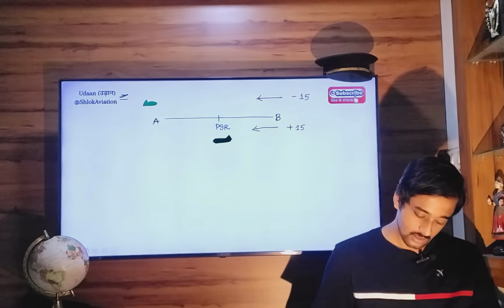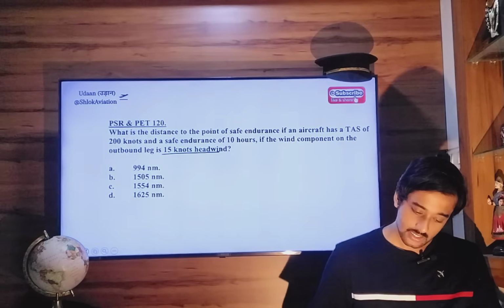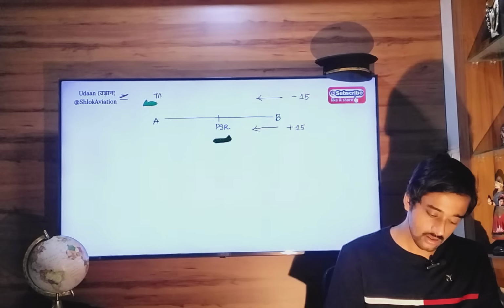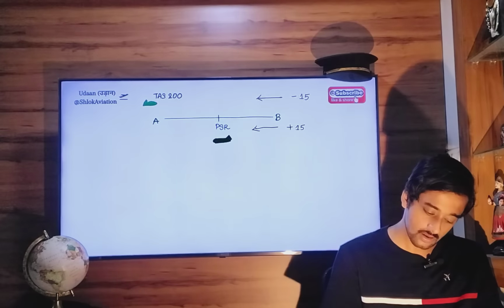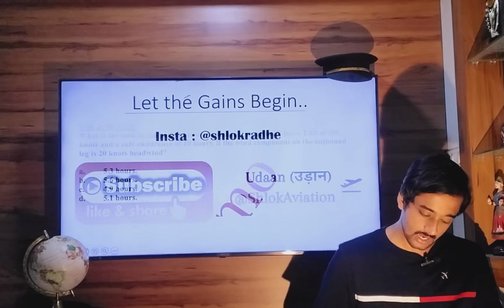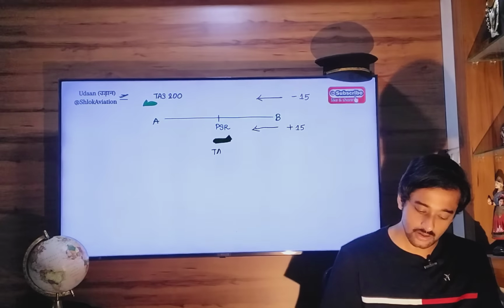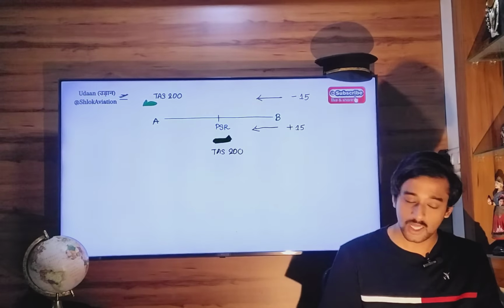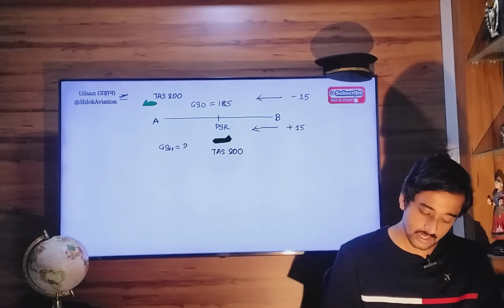Okay. So what is the TAS? TAS is 200. So what will be the outbound ground speed? 200 minus 15, that is 185, and homebound ground speed will be 200 plus tailwind, that is 215.